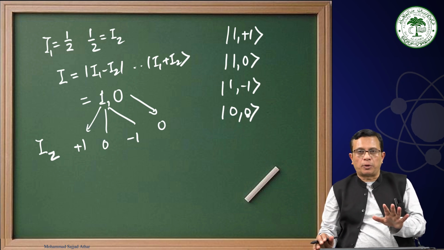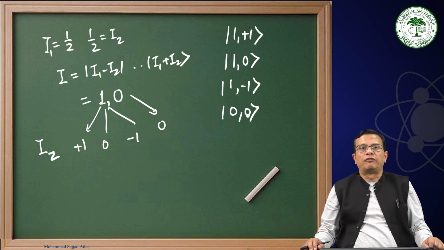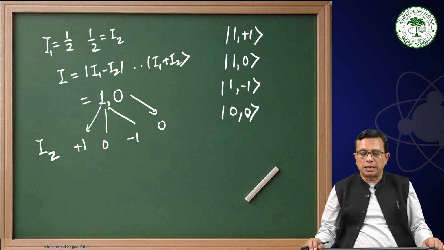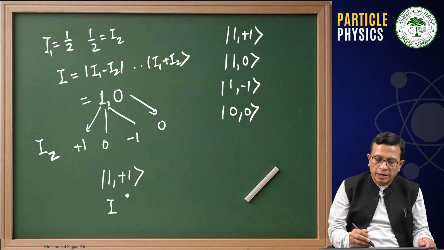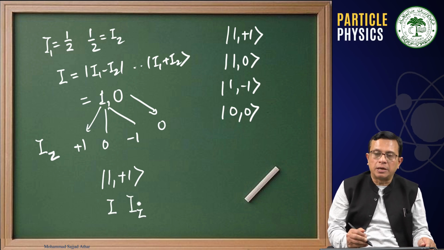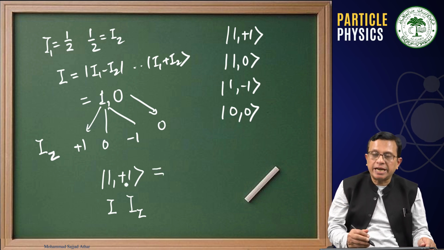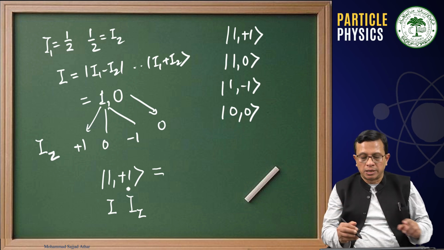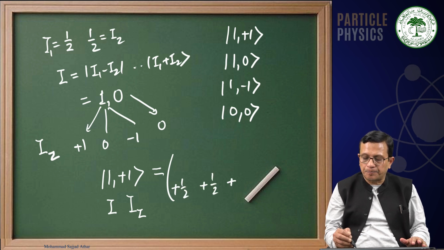These are the four possible isotopic spin states. They can also be four spin states if they represent the spin of the particles. Now, if we want a total isotopic spin 1 whose projection should be plus 1 from two isotopic spin half objects, since projections are only algebraically added, this is fixed to get plus 1.